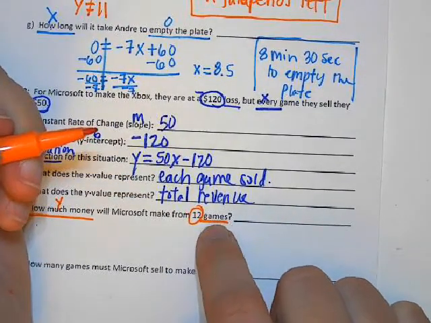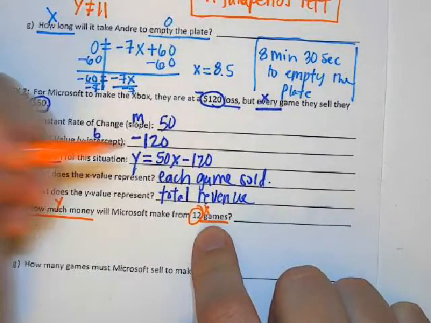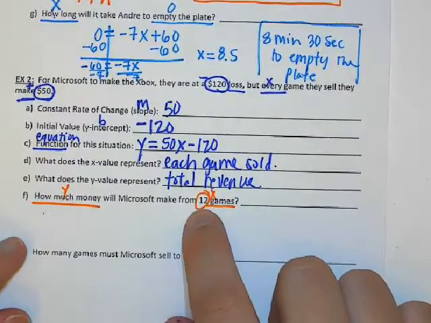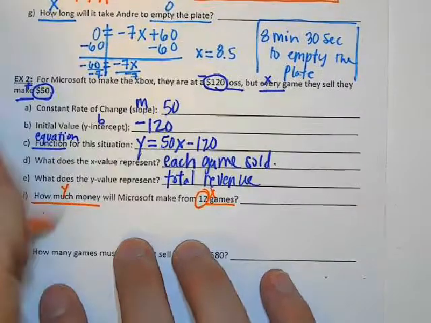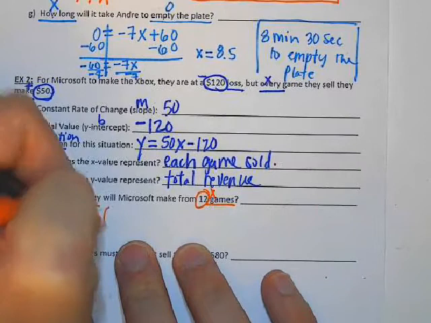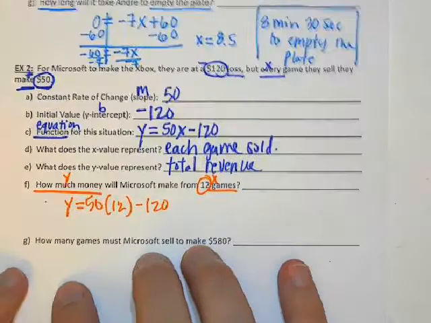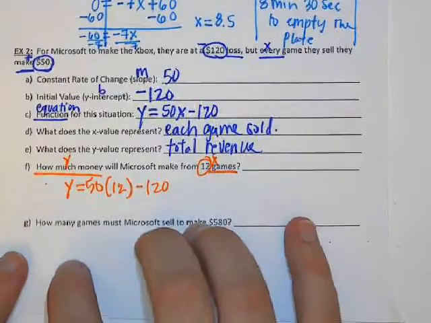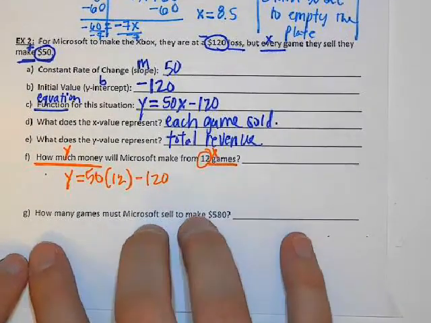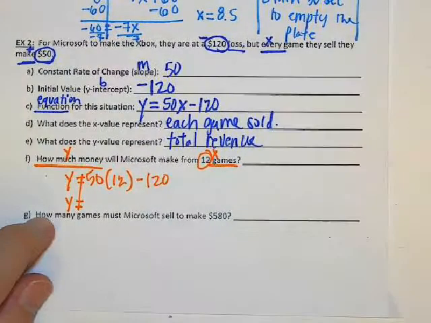Games represents what? Okay. My x. So what am I going to do with 12? Plug it in where? The x. So I'm looking for y equals 50 times 12 minus 120. Okay, do I need to solve this? No, it's already solved for y. I just need to do the calculation.